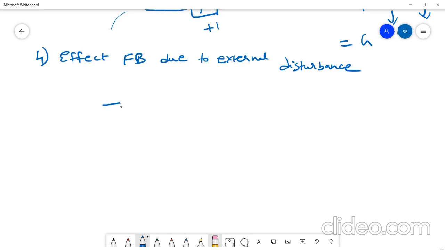In many cases, feedback can reduce the effect of noise, since we don't know where noise is coming from. For example, consider a level tank or an air conditioner. What happens if you turn on the air conditioner and open the door? The effect of the disturbance will be compensated.